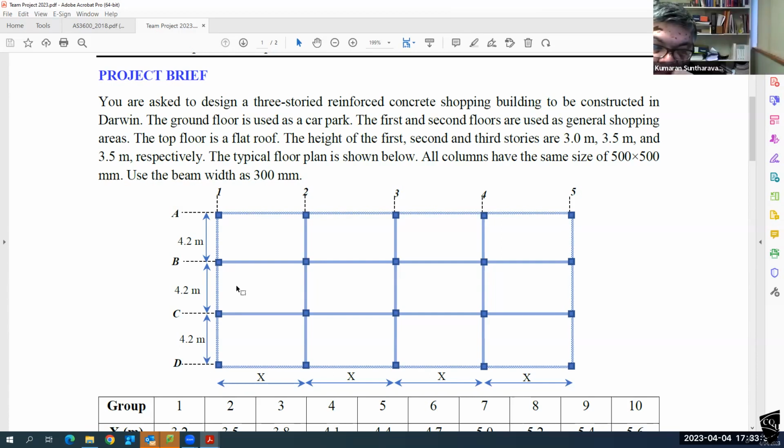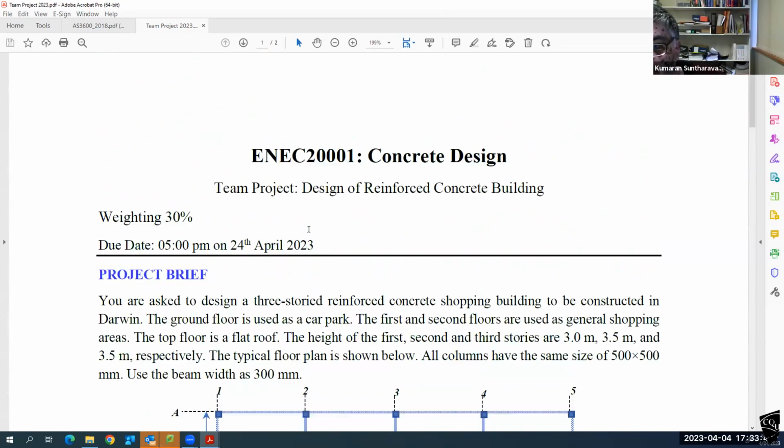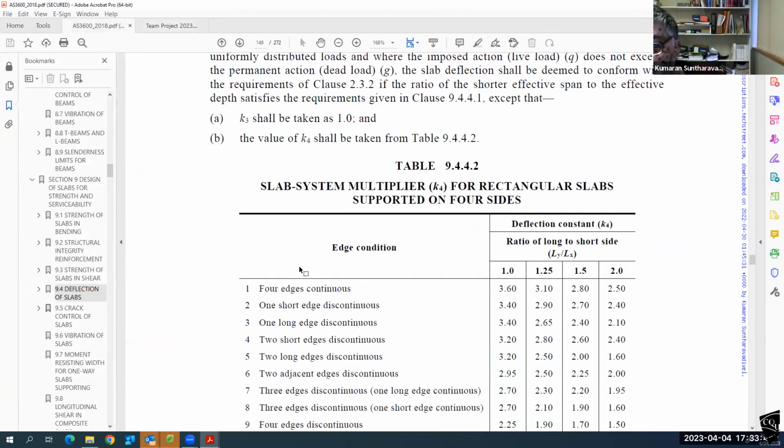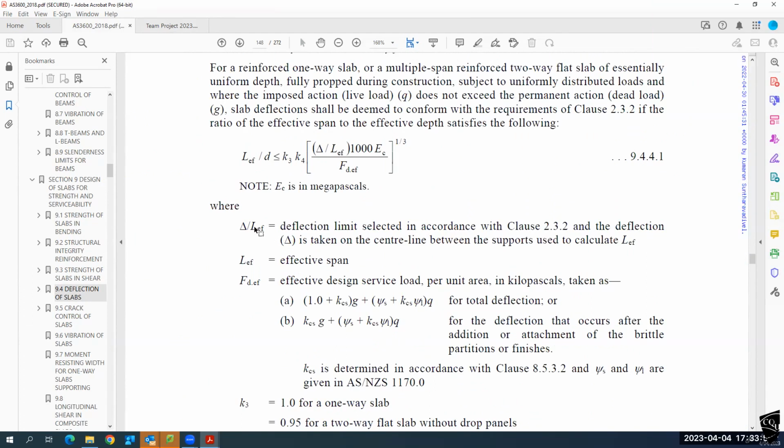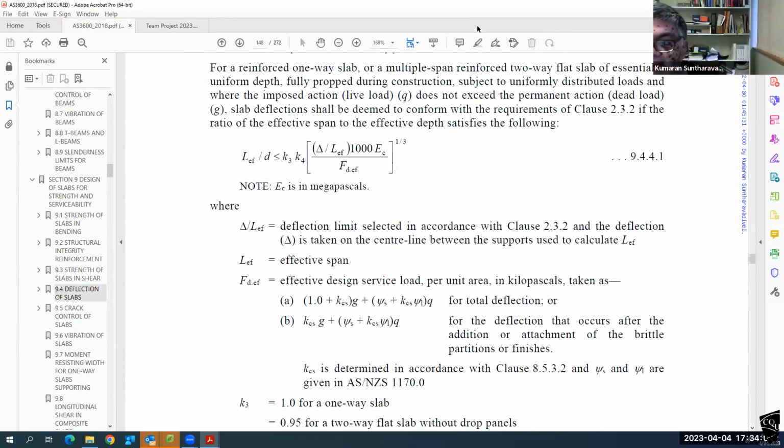So in the corner panel, which span should I consider? We had two spans, longer one and shorter one. In this one, which L will you use? Shorter span. Shorter one, yeah.